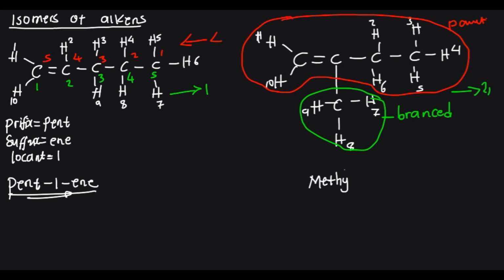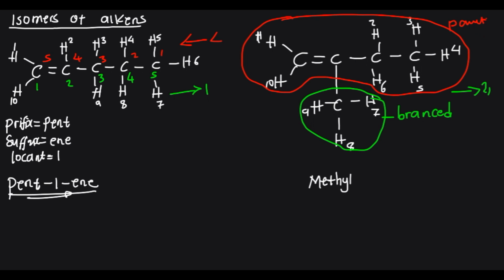Now let's check if we move from right towards the left side. We can count 1, 2, 3, 4, and we can see that it is on carbon number 3.